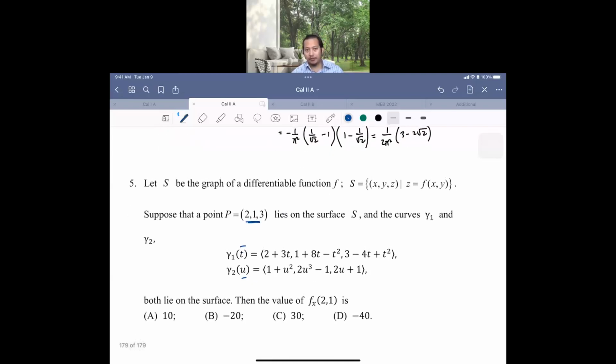If you finish number 5, you can write your answer in the chat box.